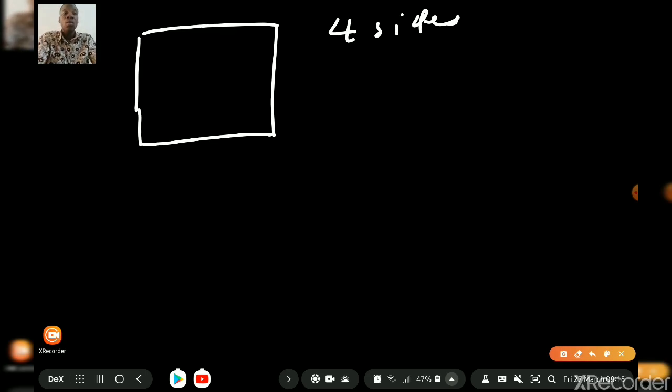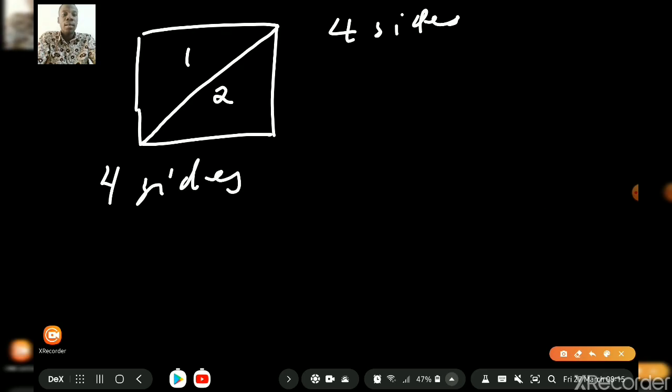To create triangles from the square, you need to draw a line from vertex to vertex. Remember that the lines must not cross. I can draw a line from this vertex to this vertex, and I'll create two triangles. So for four sides, I have two triangles.